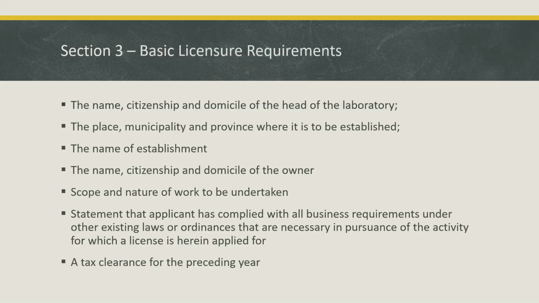Now, the basic requirements for license to operate are the following: the name, citizenship, domicile of the head of the laboratory, the place, the municipality, the province where it is established, the name of the establishment, the name, the citizenship, and the domicile of the owner, the scope, the nature of the work to be undertaken, the statement of the applicant has complied with the business requirements under the other existing laws or ordinances that are necessary in the pursuance of the activity for a license are herein applied for, and a tax clearance from the preceding year.